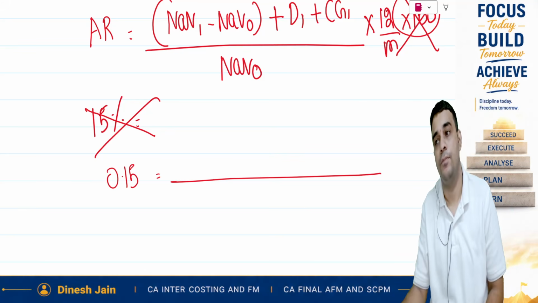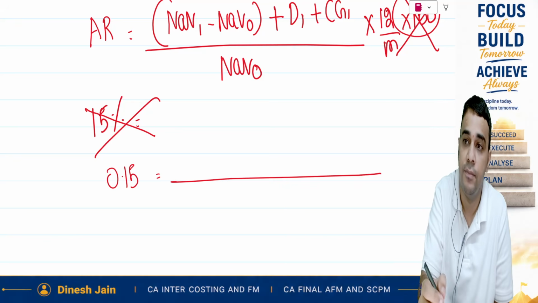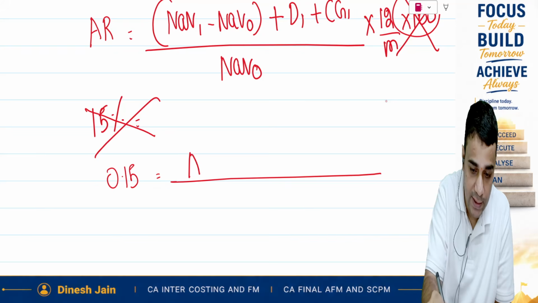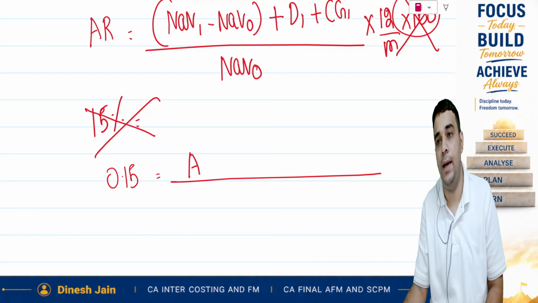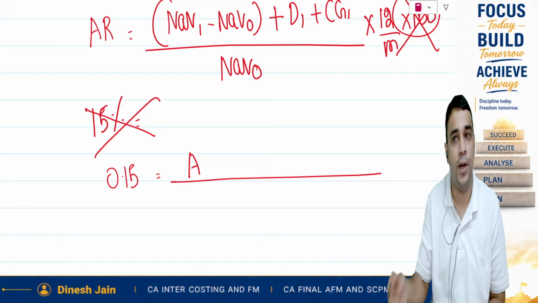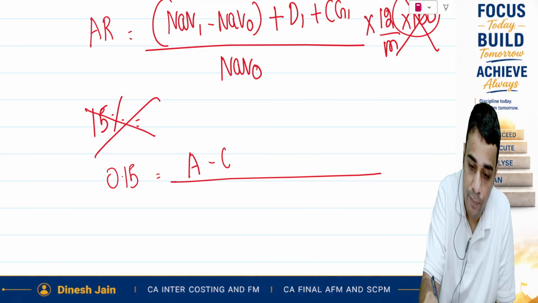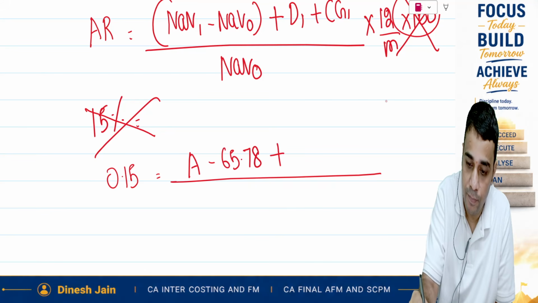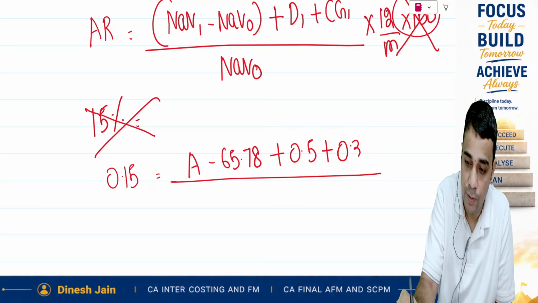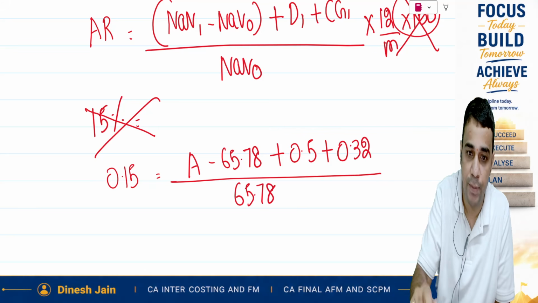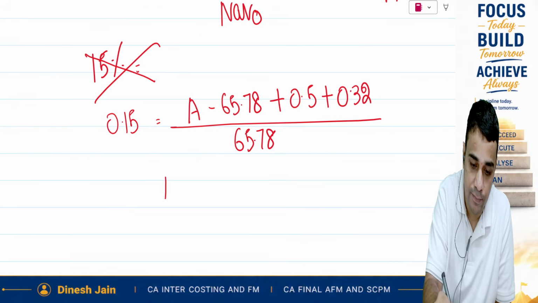0.15. What is the closing NAV? Not given. Let's call it A. NAV1 is A. Any alphabet you can give, or you can call it NAV1 also. What is NAV0? What is D1? 0.5. CG1, divided by, please complete this and let me know the answer.